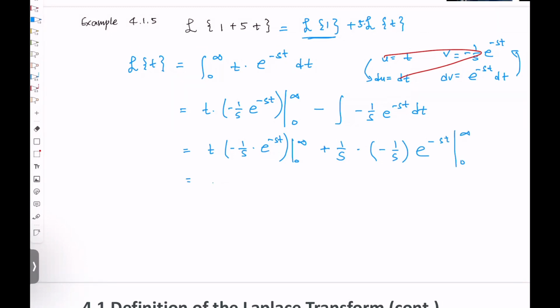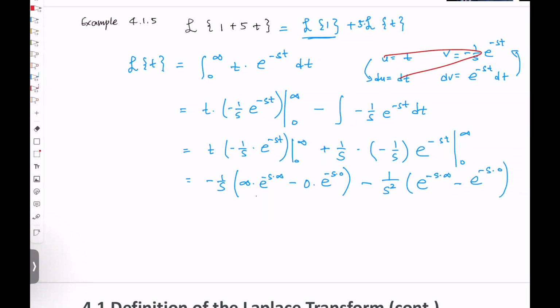For the first term, I'm going to take 1 over s out. And then if you plug in infinity, infinity times e to the negative s times infinity, minus 0 times e to the negative s times 0, minus 1 over s squared with e to the negative s times infinity minus e to the negative s times 0.